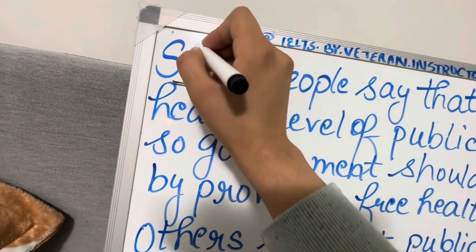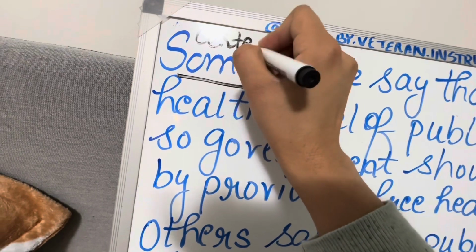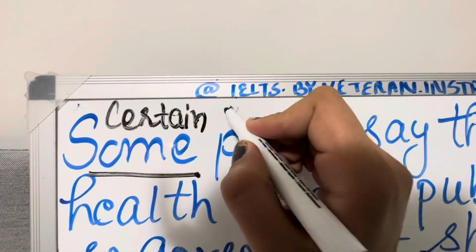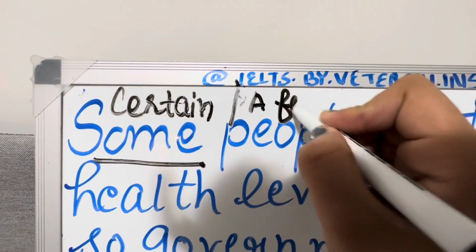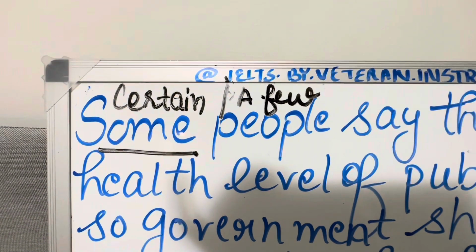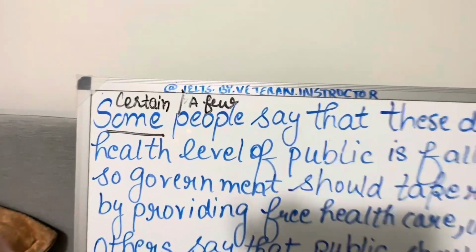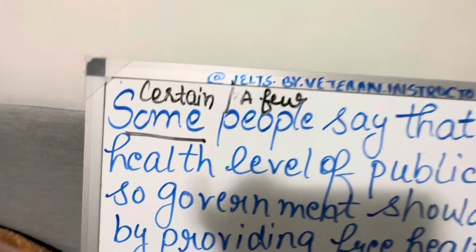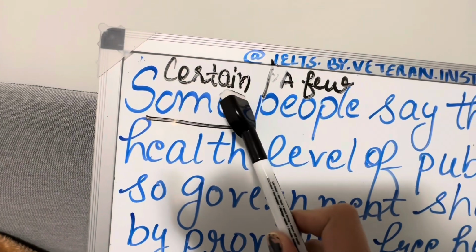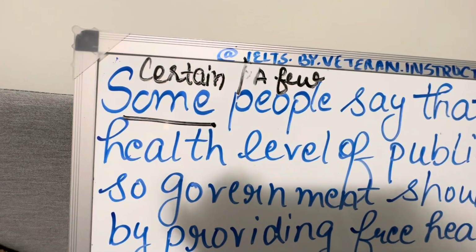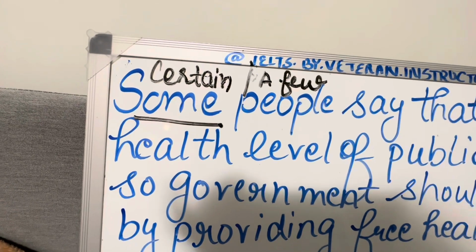To some, you can write certain, or a few. This word is highly common in essay statements and you usually come across it. So to some, you can write certain or a few, not few. Few will be extremely less, a few means some.